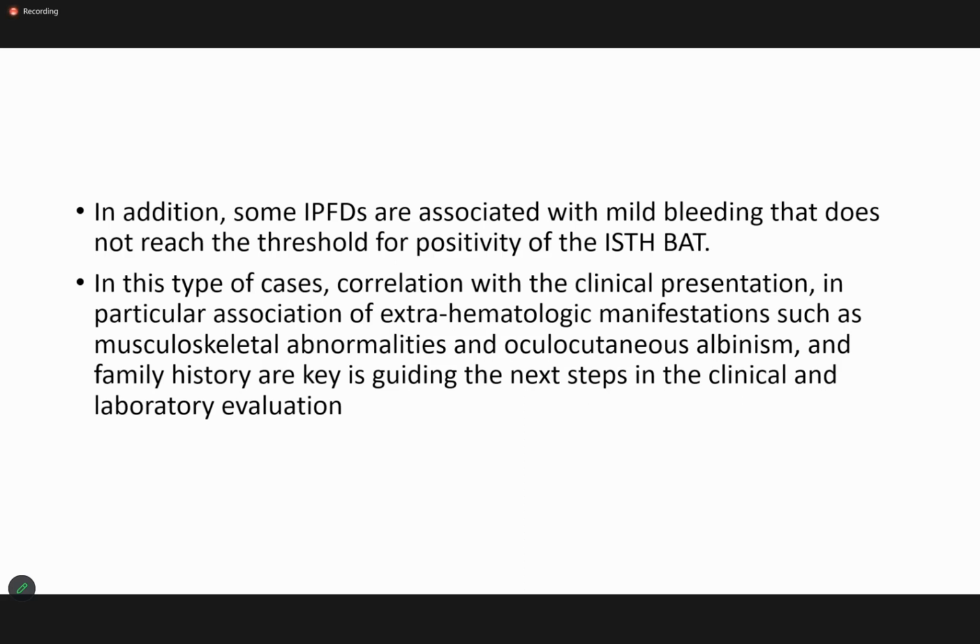For this type of case, you need to correlate back with the clinical presentation, whether this patient has an extra-hematologic manifestation, for example musculoskeletal abnormalities or oculocutaneous albinism. This is basically a key in guiding the next step in clinical and laboratory evaluations.